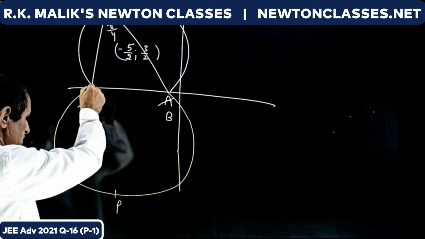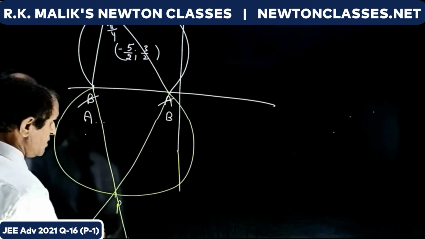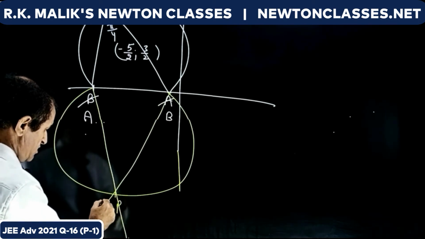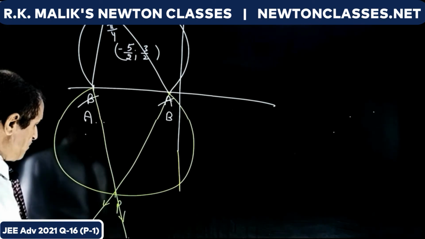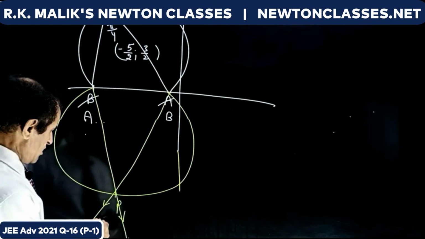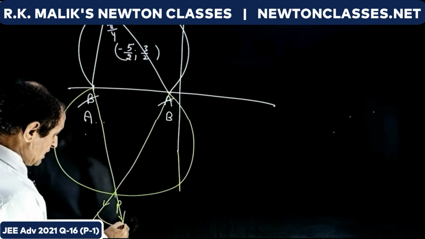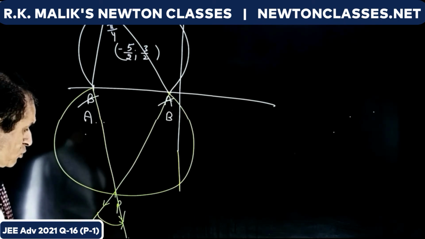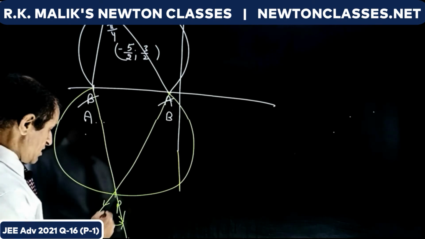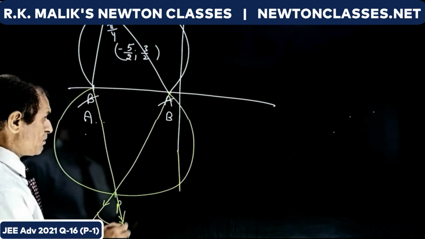See, this is BP, this is AP. The angle should be moving from BP to AP vector, and it should be anti-clockwise, and the amount should be pi by 4. This is anti-clockwise direction and the angle is pi by 4.